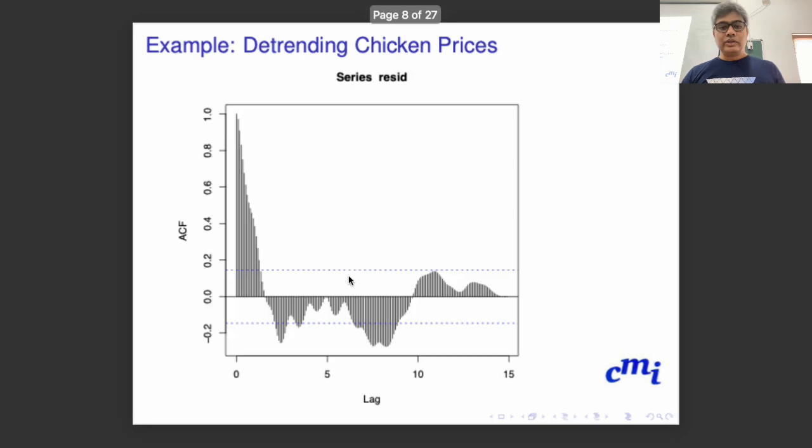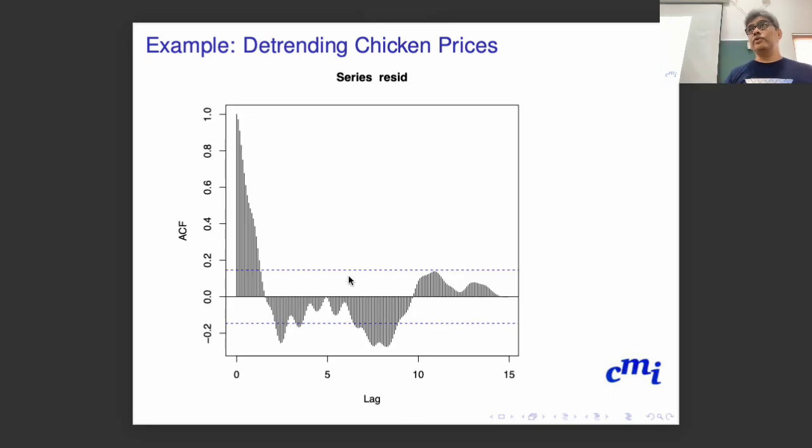Okay, so this is what we discussed. If you take the autocorrelation function, it clearly says that the mean stationary process does have some autocorrelation structure. So you can now use some kind of ARMA type model to model the mean stationary residual process, also known as the detrended process.